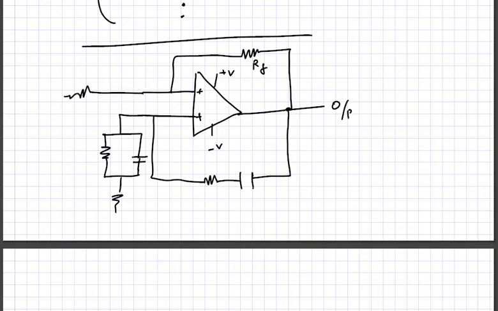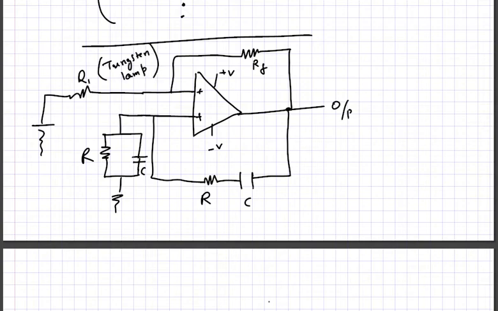Here there is a resistor that is connected to the ground, and this is R1 and this is RC. And here what is actually used is a tungsten lamp. I will explain that. Okay, so this is the Wien bridge oscillator, W-I-E-N, Wien bridge.